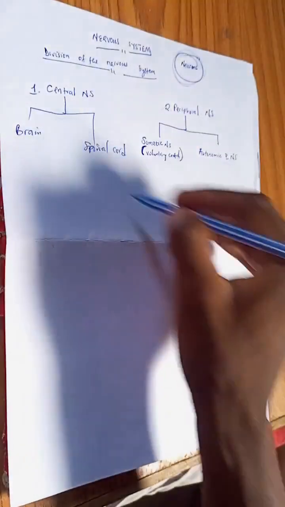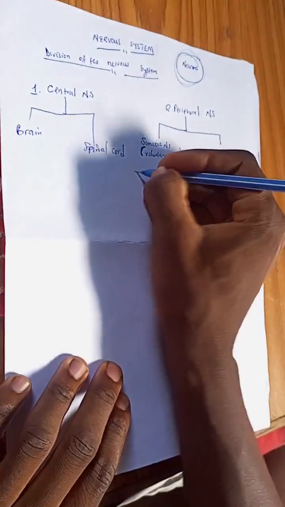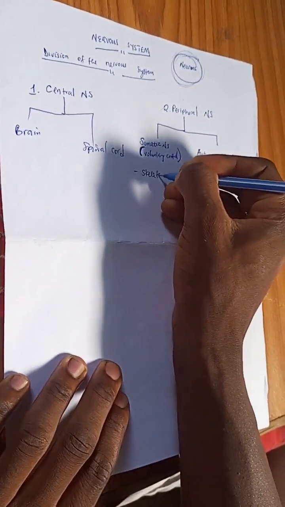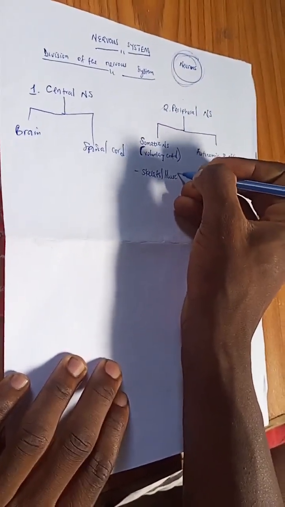So all those actions that you are able to control that are regulated by the nervous system fall under what? The somatic nervous system. So what is controlled by the somatic nervous system? You have skeletal muscle. Skeletal muscle is controlled by the somatic nervous system.